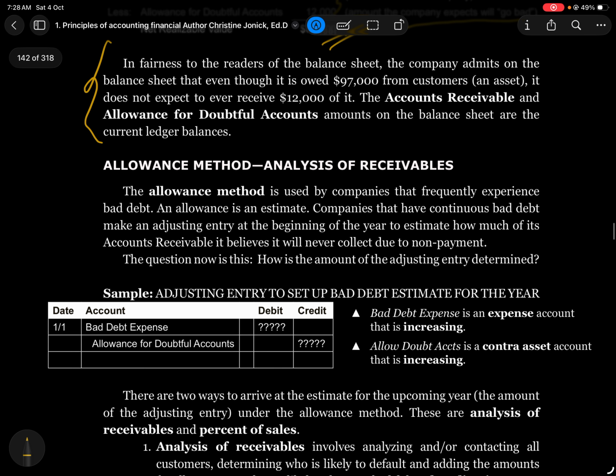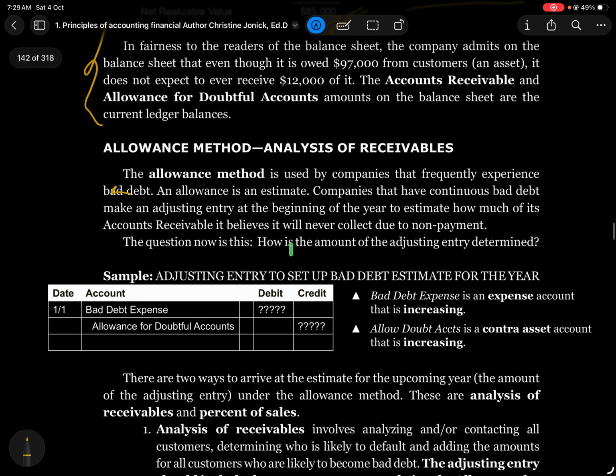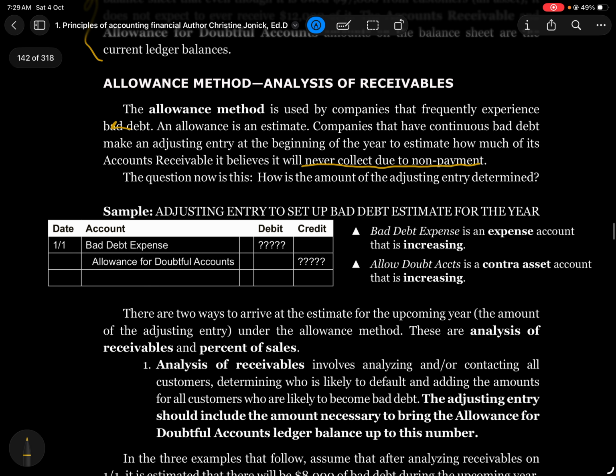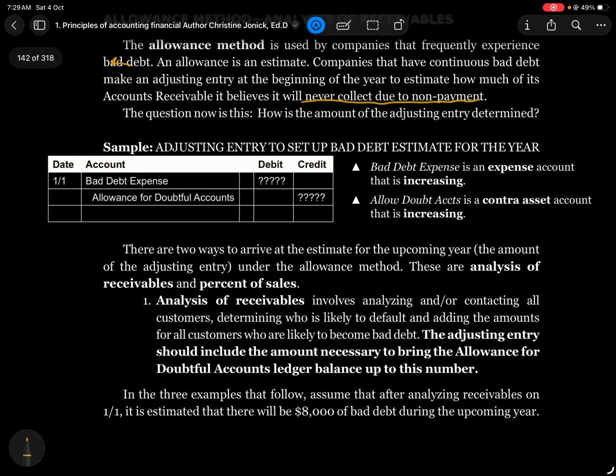The allowance method is basically used by companies which experience frequent bad debt. Allowance is nothing but an estimate of how much AR we expect to be non-payment. Normally this can be done in multiple ways. How do we determine the amount?